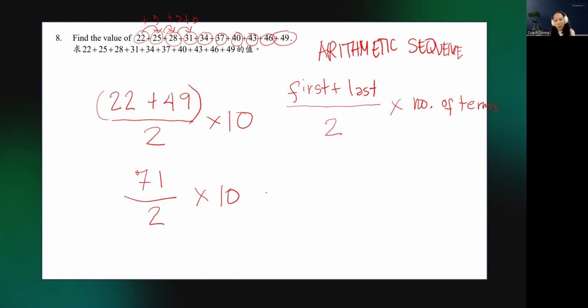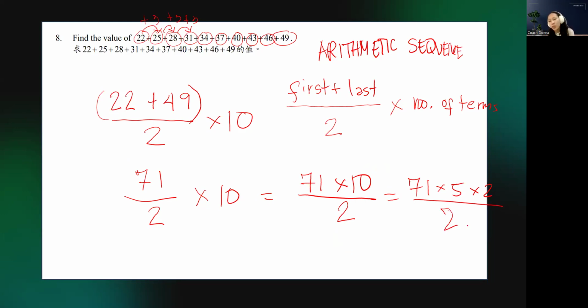So 71 times 10 first, or we could have 10 divided by 2. Okay, we can express it like this: 71 times 10 divided by 2. Then you can actually divide 10 by 2. 10 can be expressed as 5 times 2, right? 5 times 2 is 10. So divided by 2, you can see 2 can be canceled out because it's in the numerator and denominator.